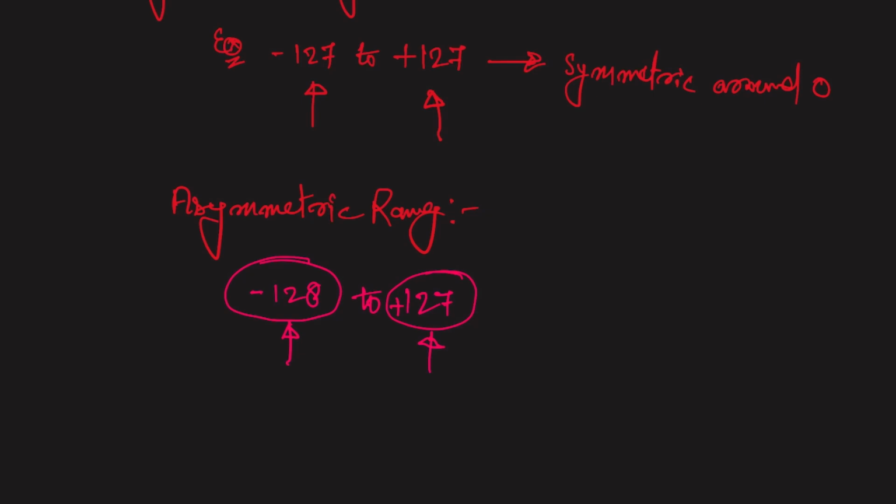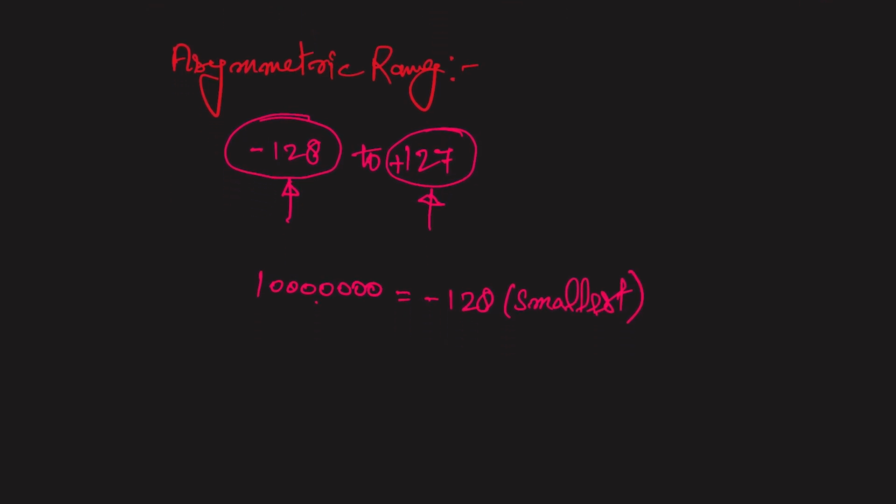The reason is that in 2's complement, the MSB, the most significant bit, is the sign bit. Let me show you. 10000000 is equal to -128, which is the smallest, and 01111111 is +127, which is the largest.